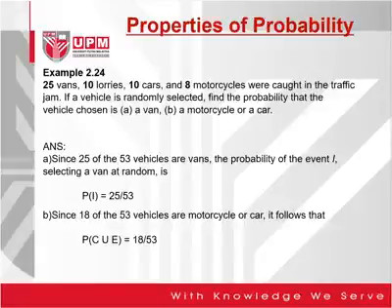For A, in total there are 53 vehicles, and out of these 53, 25 are vans. So the answer is 25 over 53. For B, a motorcycle or a car, we have 8 motorcycles and 10 cars, so 10 plus 8 is 18. The answer is 18 divided by 53.